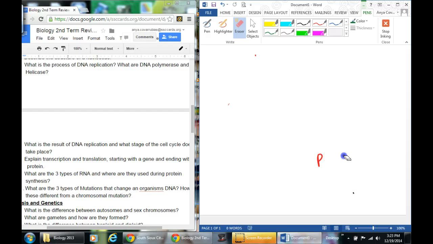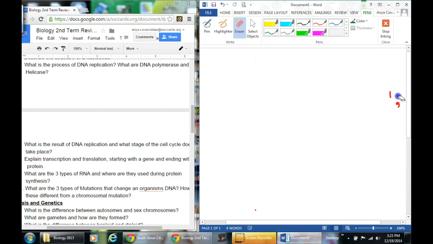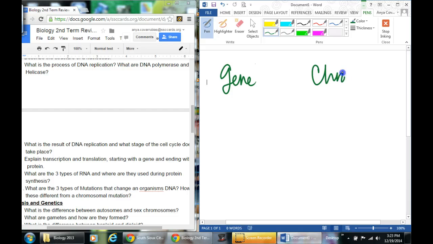And sometimes proteins don't function at all. Sometimes proteins have the wrong function. And so mutations are caused by problems with the DNA that then get made into proteins that then have the wrong function. So there are gene mutations and there are chromosome mutations.